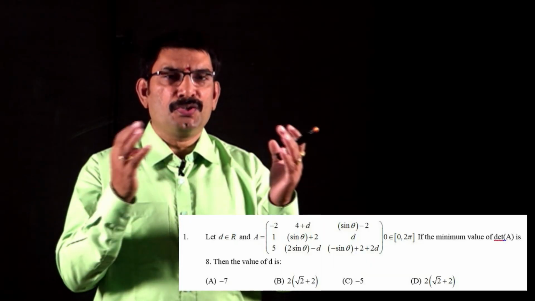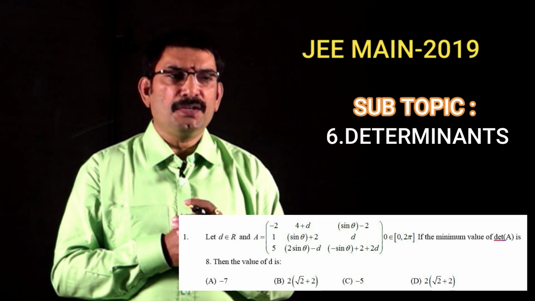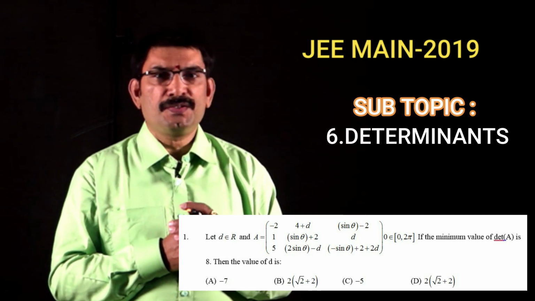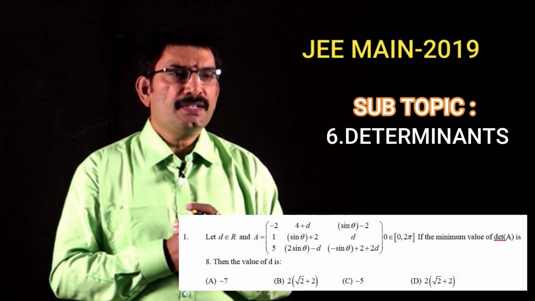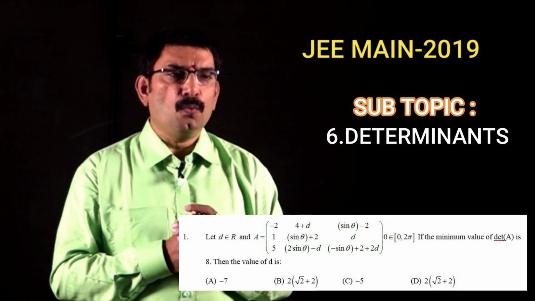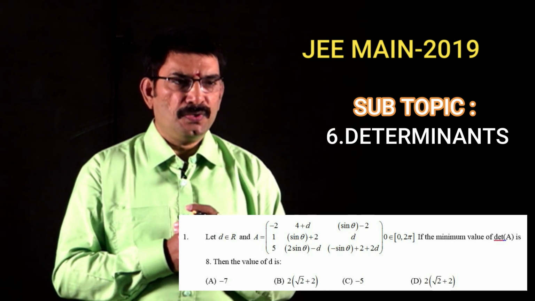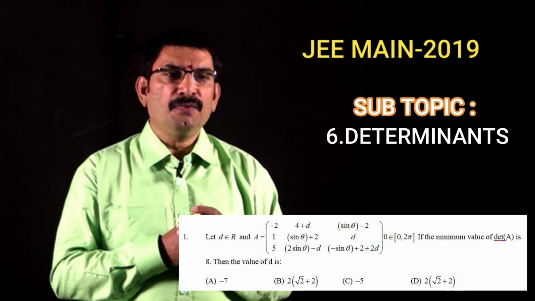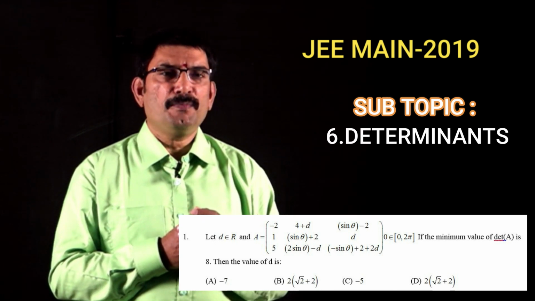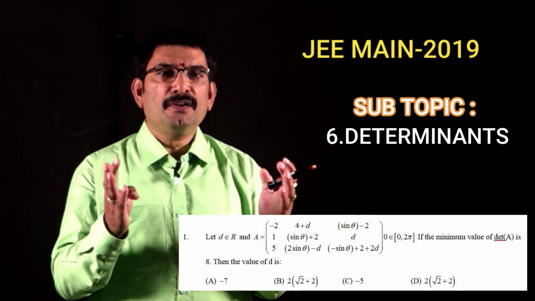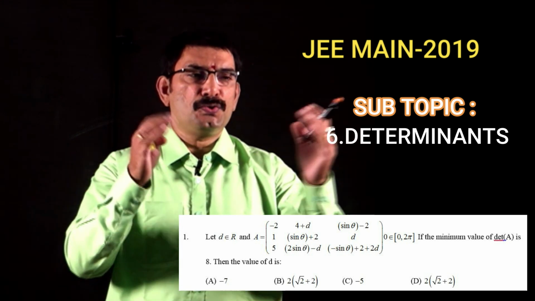Let D belong to R and A be the square matrix with first row minus 2, 4 plus D, sin theta minus 2; second row 1, sin theta plus 2, D; third row 5, 2 sin theta minus D, minus sin theta plus 2D, where theta belongs to the closed interval 0 to 2 pi.